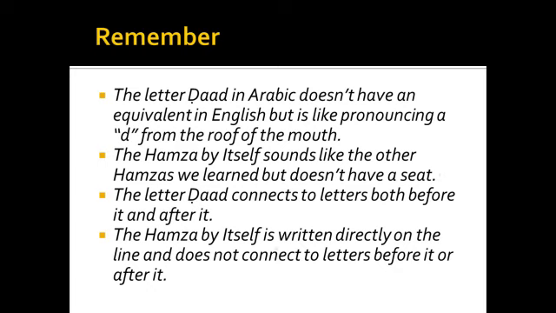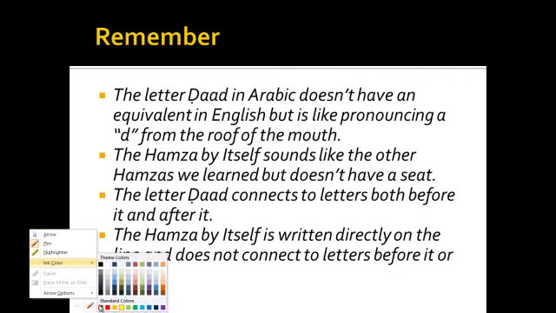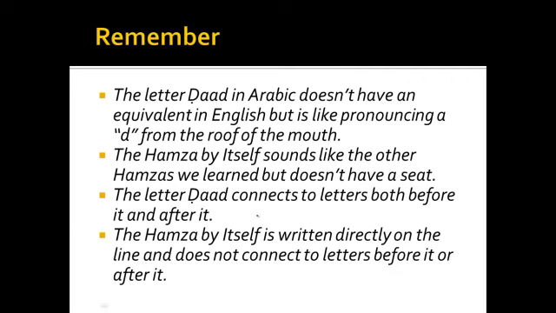Now I'm just going to change here before we summarize what we learned in this lesson. So the letter Daad in Arabic doesn't have an equivalent in English, but it's like pronouncing a D from the roof of the mouth. Da, da, like that. I guess that's the closest we can come to in terms of a relationship between this letter and an English letter.